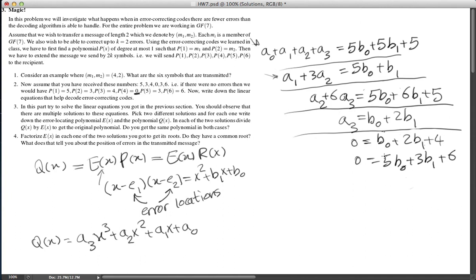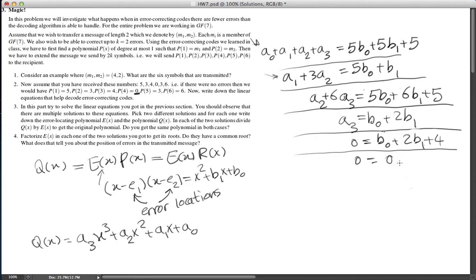Now we just have to subtract 5 times this equation from this equation. Surprisingly, if we do this, we're going to end up with 0. Okay, so everything vanishes. This is why we have multiple solutions to the system of linear equations.